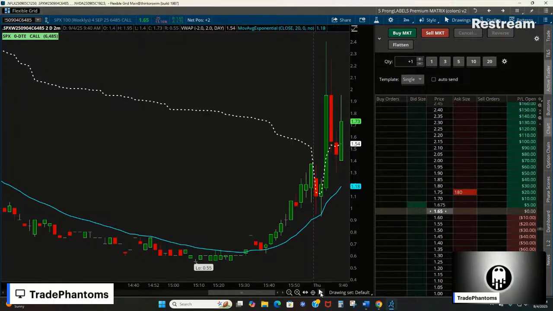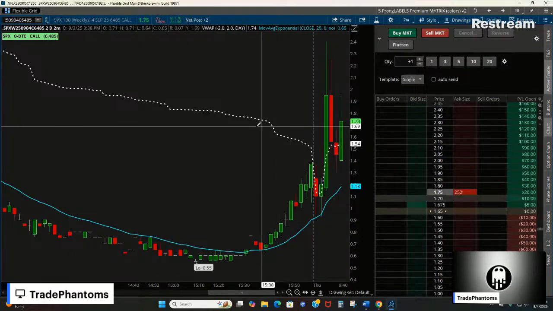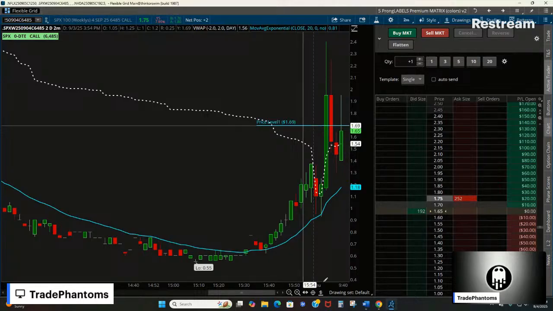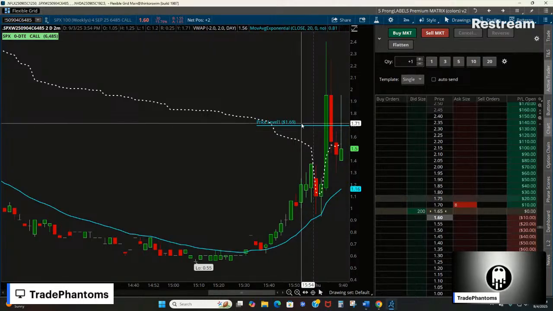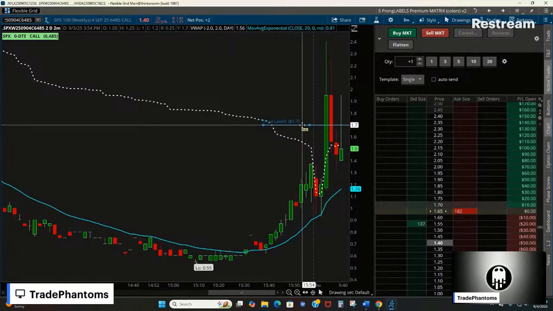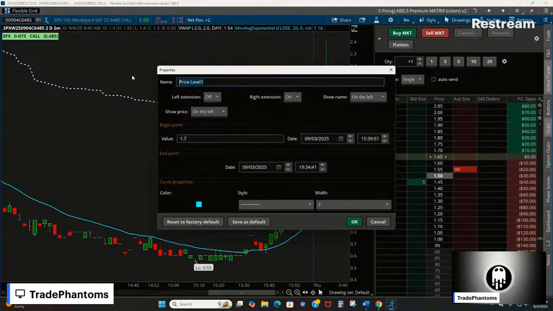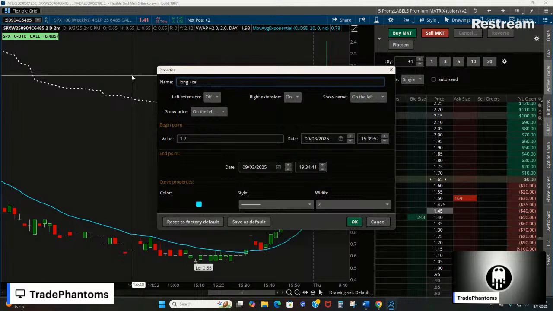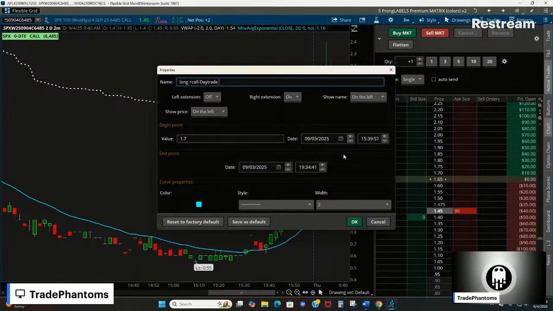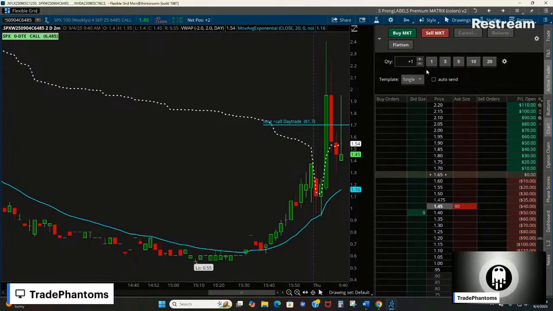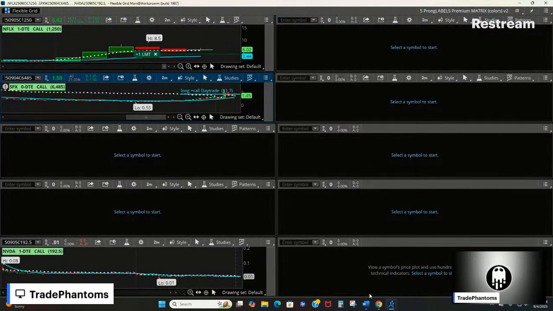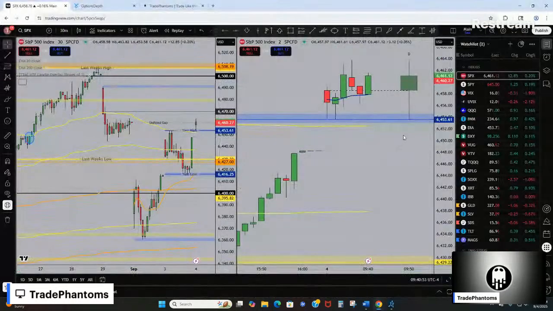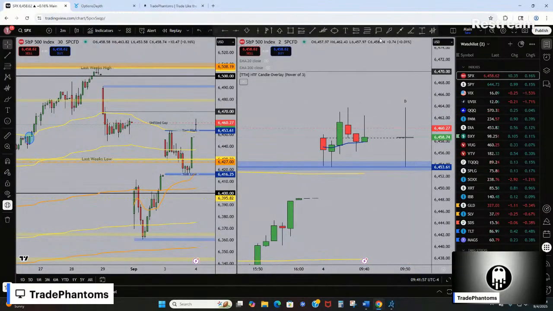All right. Watch out for this being a bull trap on a lot of things. So watch out. Because the NASDAQ is giving out its VWAP at the moment.